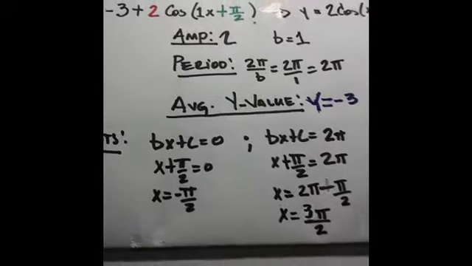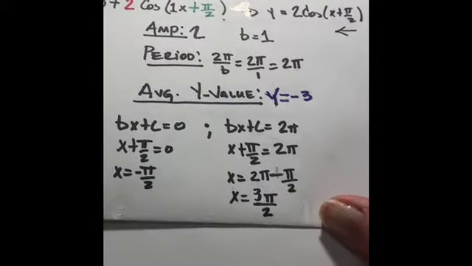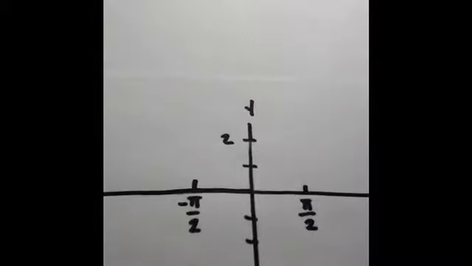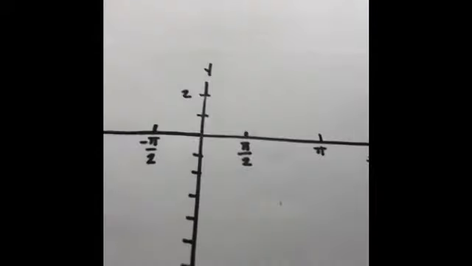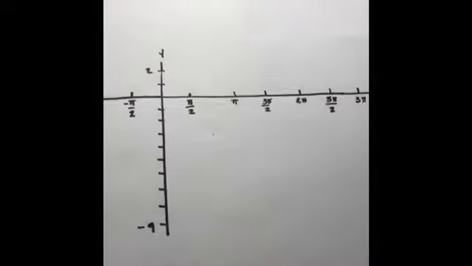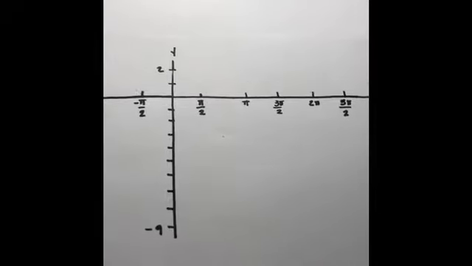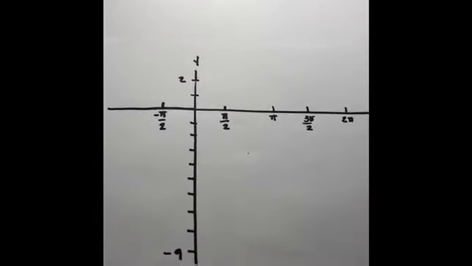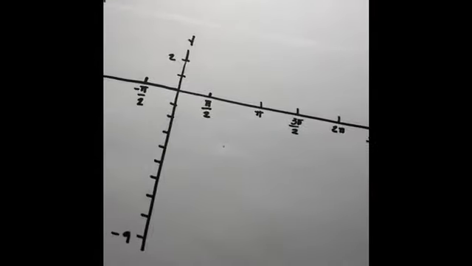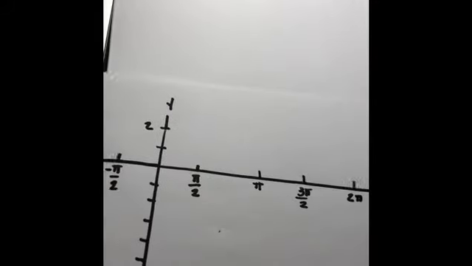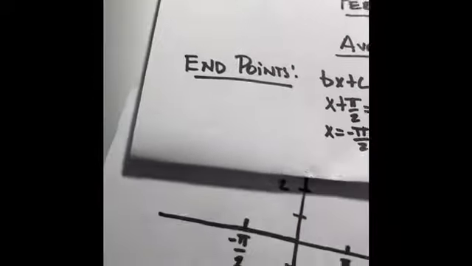Let's do this in the graph. Let's see how this translates to the graph. Okay, so I have a huge coordinate plane so that I can see what I am doing. If I am to sketch this graph, remember that first I enclose my box according to the endpoints.